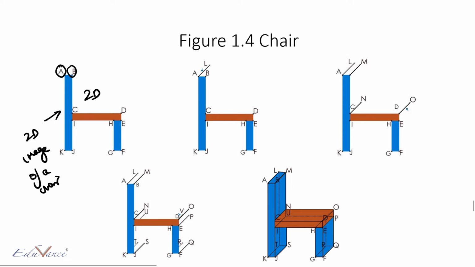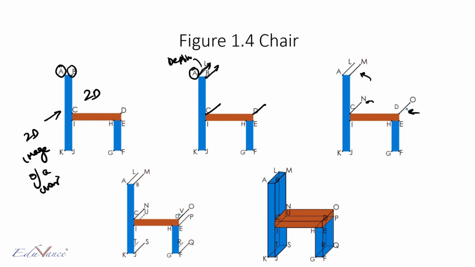To continue, we take the point A and extend it by the depth. We take point B and extend it by the depth. Similarly, we take C, we take D. As you see here, we have already extended these lines.